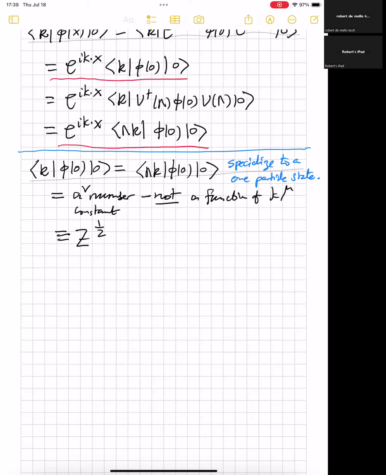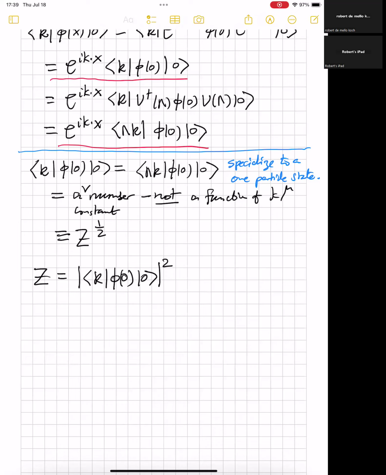So here we've got Z to the 1/2. Why did we call it Z to the 1/2? It's so that I can call this quantity Z. Z is |⟨K|φ(0)|0⟩|². Now, what is this? So let me first of all tell you what its name is, and then we'll talk about its physical interpretation.